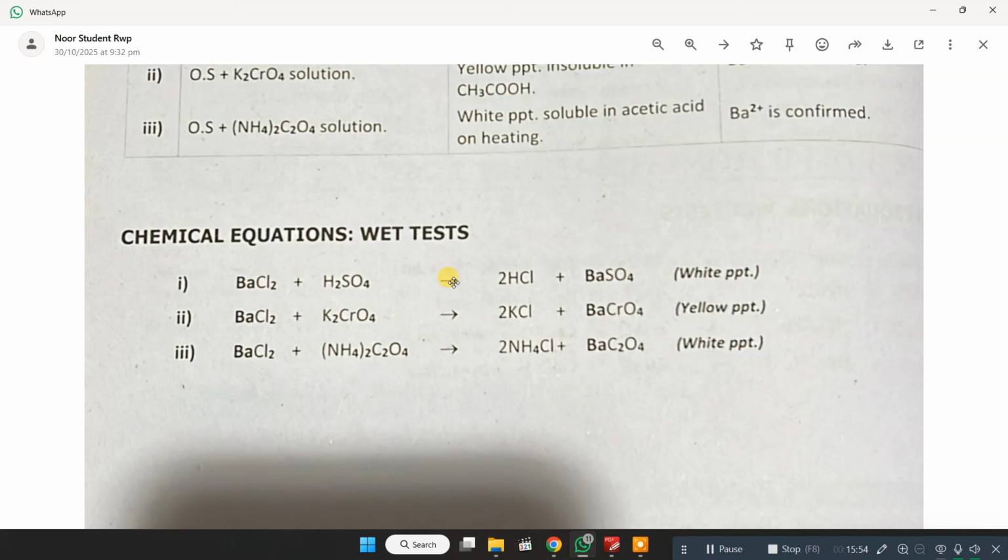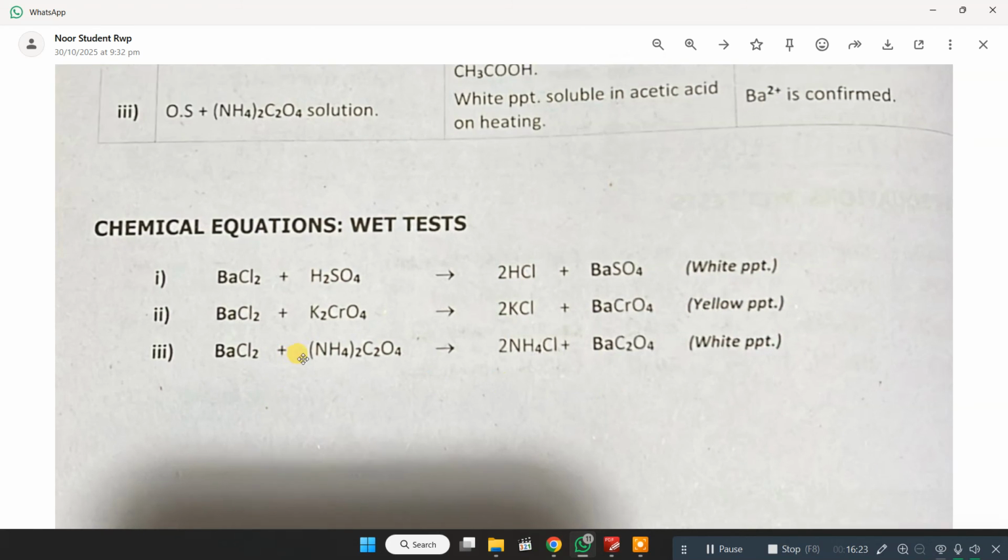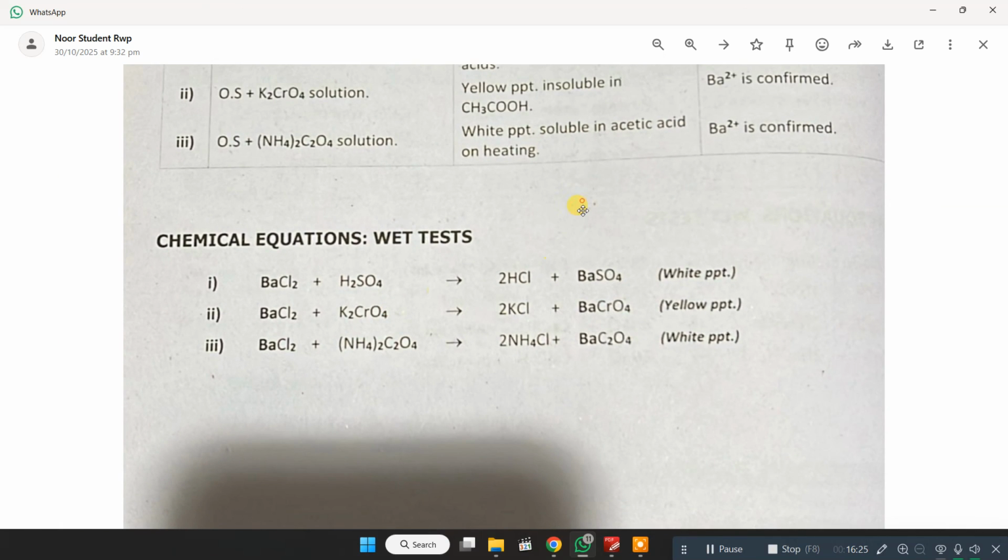Barium chloride is shifted to barium sulfate, a white precipitate. Barium chloride is shifted into barium chromate, a yellow precipitate. Barium chloride is shifted into barium oxalate. So these three salts have been formed. Barium sulfate and oxalate give white precipitates, while the chromate gives a yellow precipitate, and all three confirm the presence of barium ions.